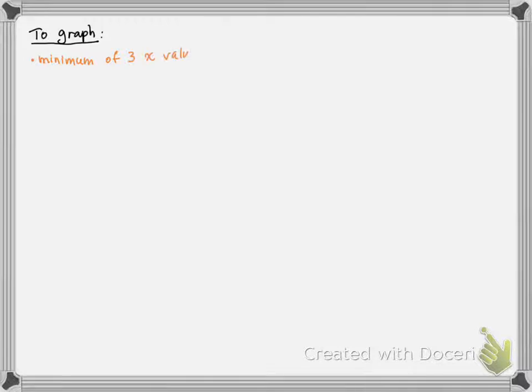And remember, just like with all graphing, you want to have 3 points, because if you only have 2, you'll get a straight line, but you don't know what it is. But because this is going to have a curve to it, we definitely need 3. I would suggest 5.